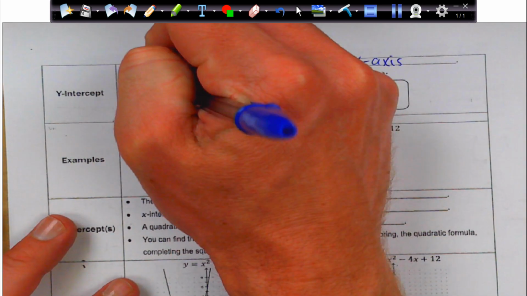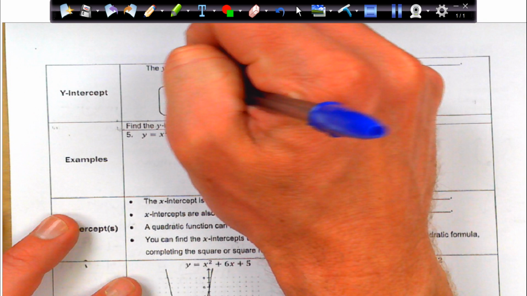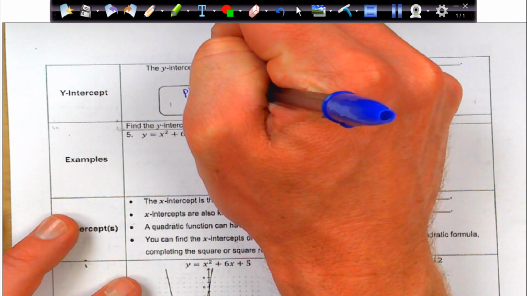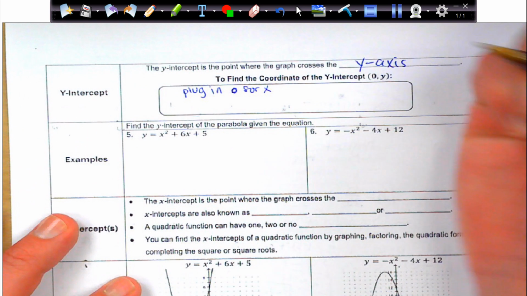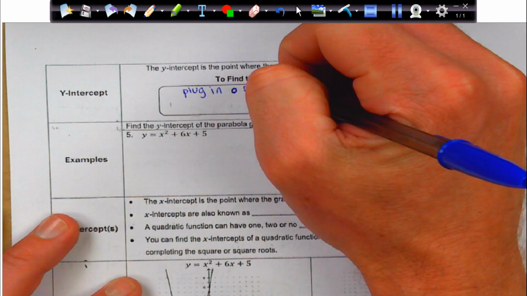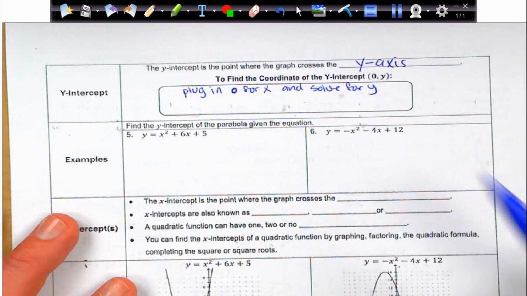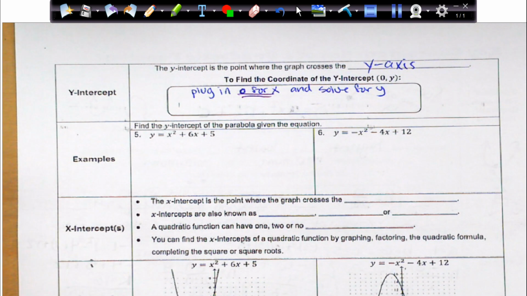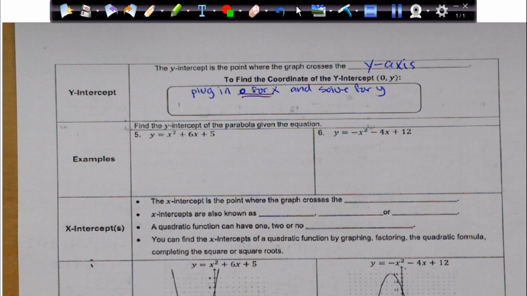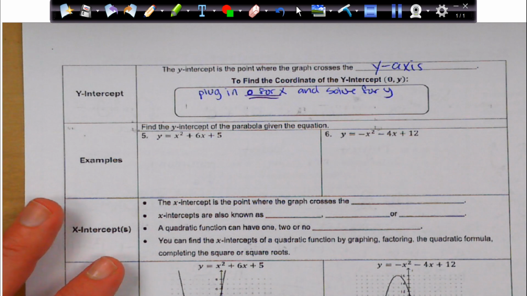The way we get that is if we plug in 0 for x and solve for y. When you plug in 0 for x, that does something very special for us. It just ends up becoming the c value, which is really cool. Okay? We'll say that later, but let's just try it.